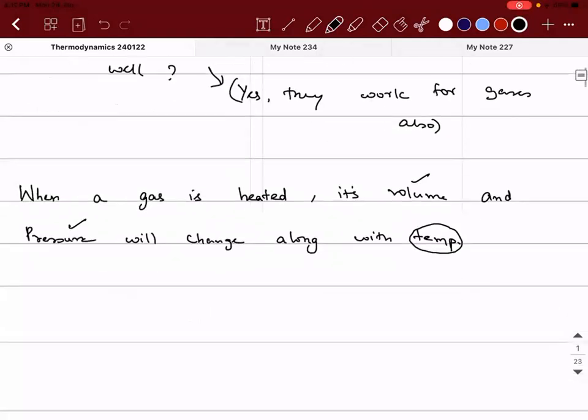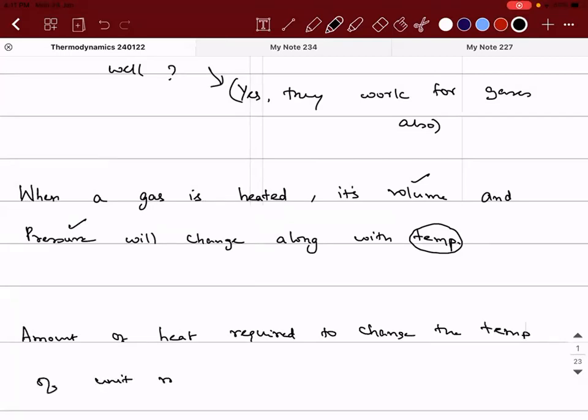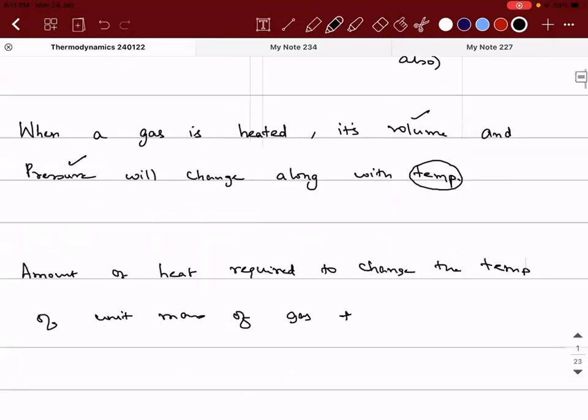So from this I can conclude that the amount of heat required to change the temperature of unit mass of gas through 1 Kelvin is not going to be definite or fixed. Why is this happening?